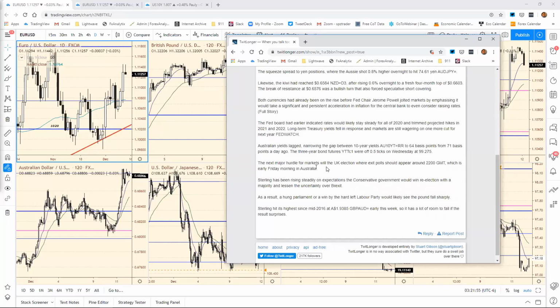The next major hurdle for markets will be the UK election, where exit polls should appear around 2200 GMT, which is early Friday morning in Australia. Sterling has been rising steadily on expectations a Conservative government would win re-election with a majority and lessen the uncertainty over Brexit. As a result, a hung parliament or a win by the hard left Labour Party would likely see the pound fall sharply.